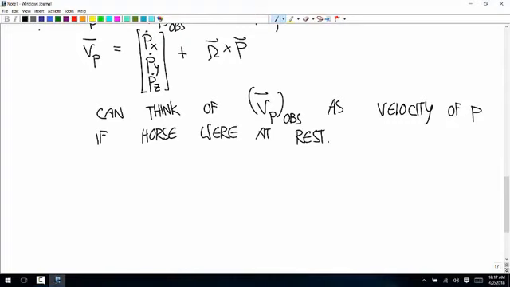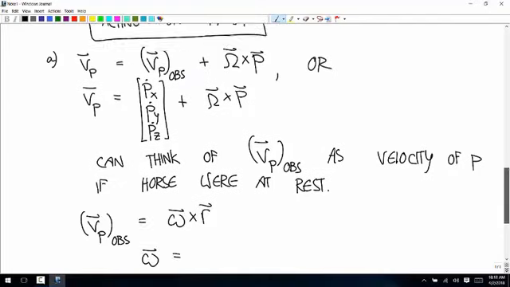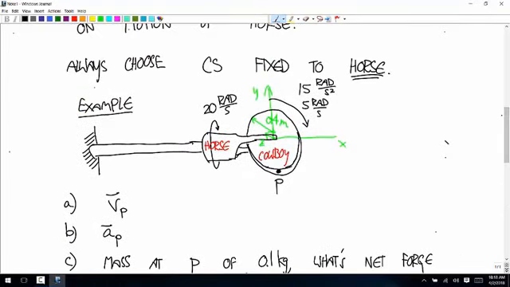Okay, so the velocity of P that's observed, it's just a circular motion, so it's going to be equal to lowercase omega cross r. What's lowercase omega? Yeah, 5 radians per second in the negative z.